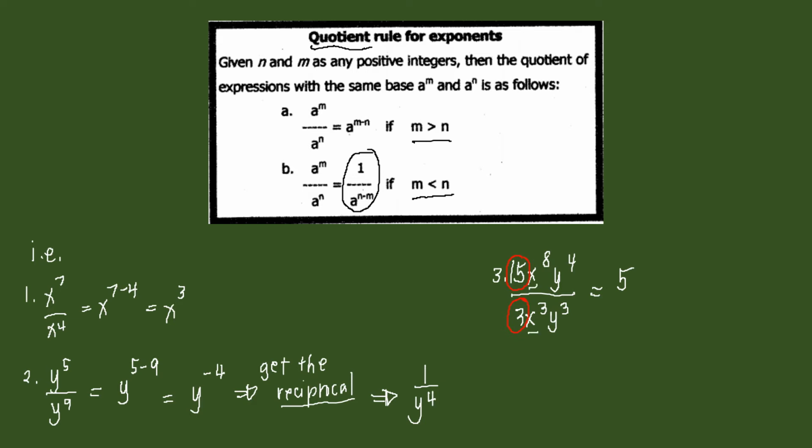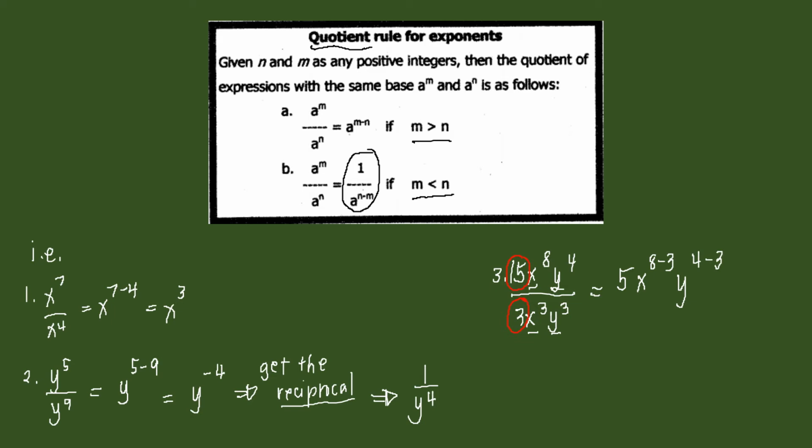And that is 5. And then I will now look at the expressions that have exponents. So I have x to the 8th and x to the 3rd power. They have the same base, so I will copy x. And then 8 minus 3. And then for the second expression with exponent, I have y. I will copy y. And then 4 minus 3.